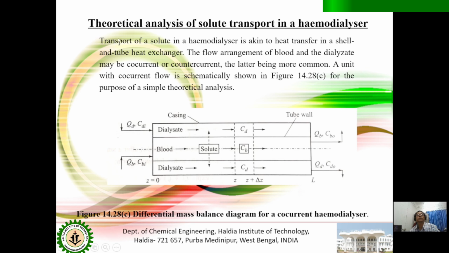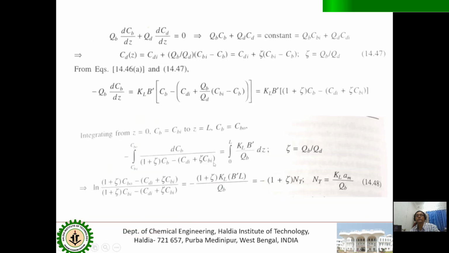So these are the different theoretical analyses for the hemodialyzer. Ultimately, we can show that the number of mass transfer units is KL AM by QV, where KL is the mass transfer coefficient, AM is the area of the membrane and QV the volumetric flow rate of fluid.